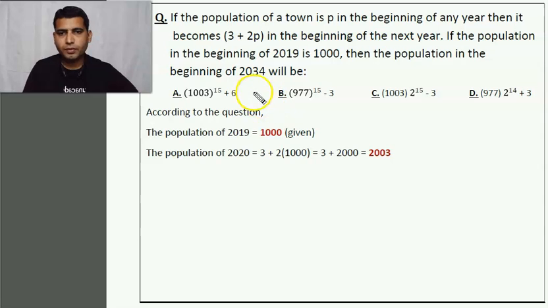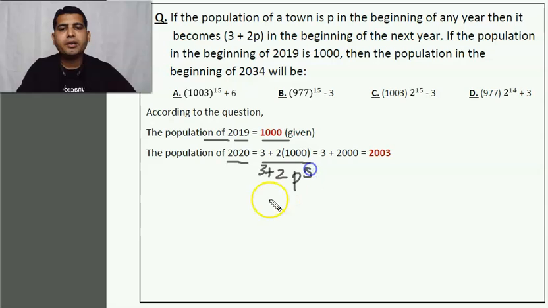So if the population of 2019 is 1000, then the population of the next year, 2020, will be 3 plus 2P, where P is 1000, the population of the previous year. After calculation, we get 3 plus 2000, which is equal to 2003.